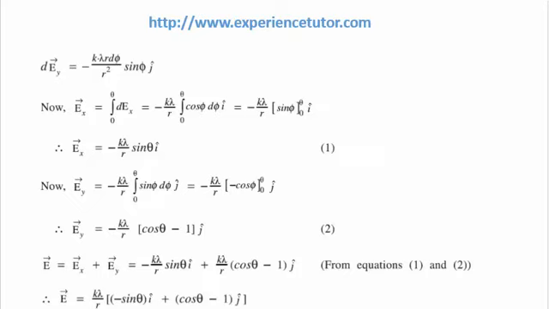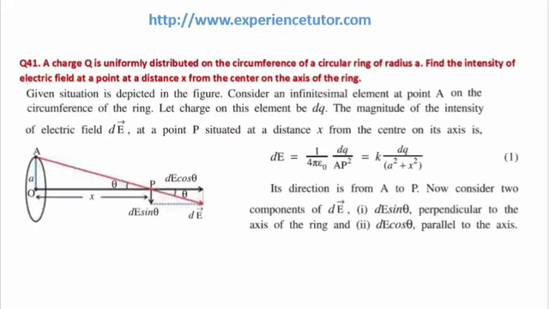Question 41. A charge q is uniformly distributed on the circumference of a circular ring of radius a.